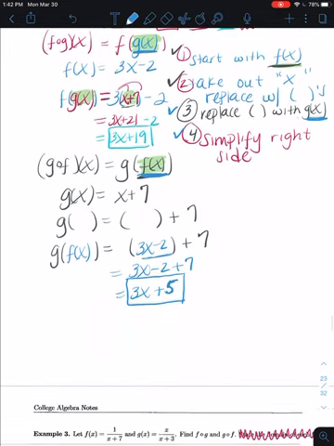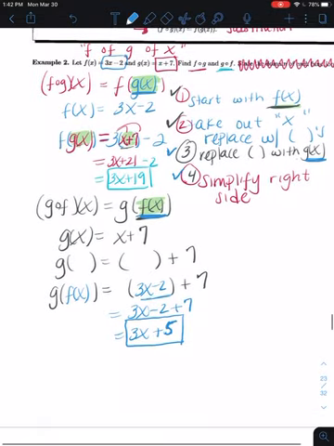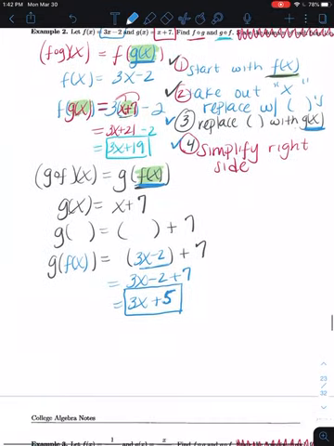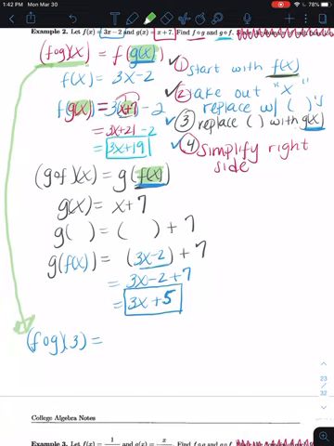All right, the last part you may run into, which, well, actually in homework you'll run into, in this same problem, they'll ask you to find something like f of g of 3. So just like before, you find the answer. So up here, this is f of g of x. So we did all that work to find f of g of x.